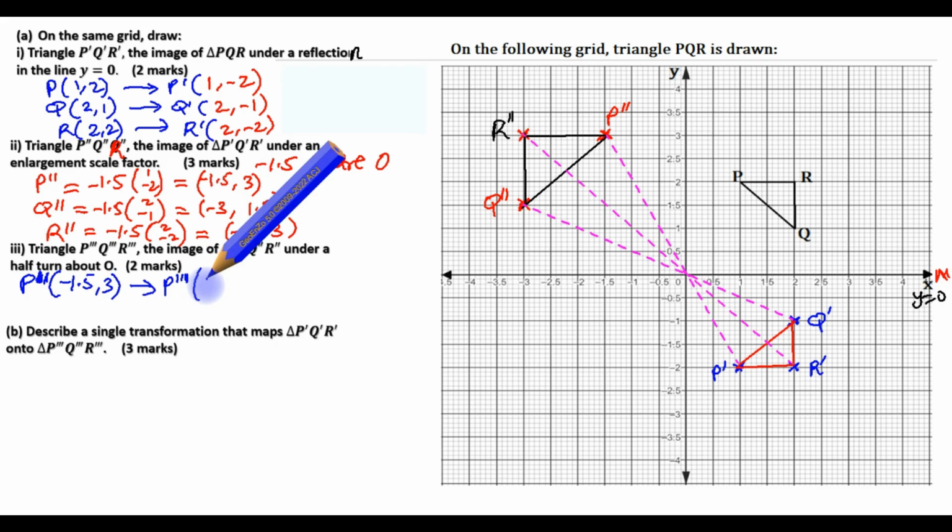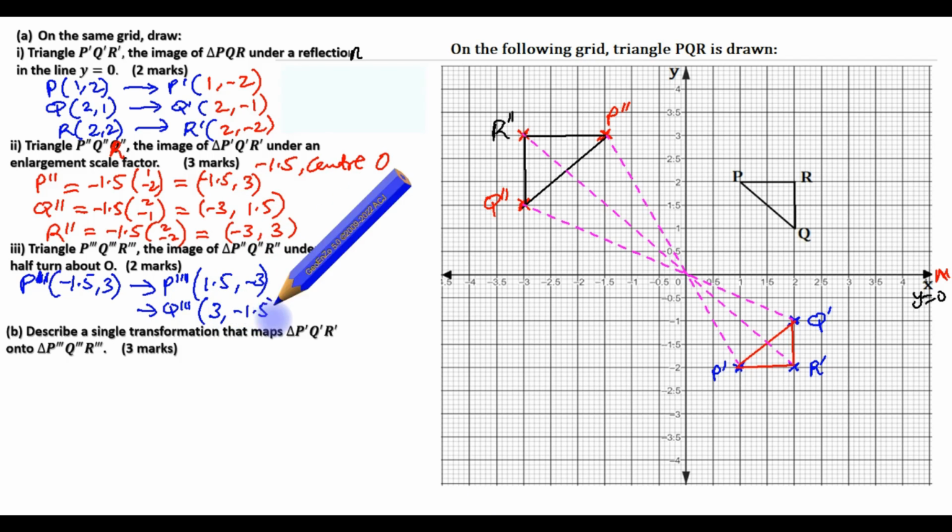So this will be (1.5, -3). The other one, Q triple prime, will be (3, -1.5), and then R triple prime will be (3, -3). I hope that is clear.